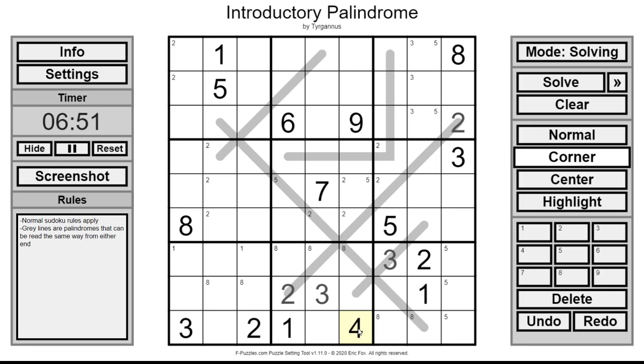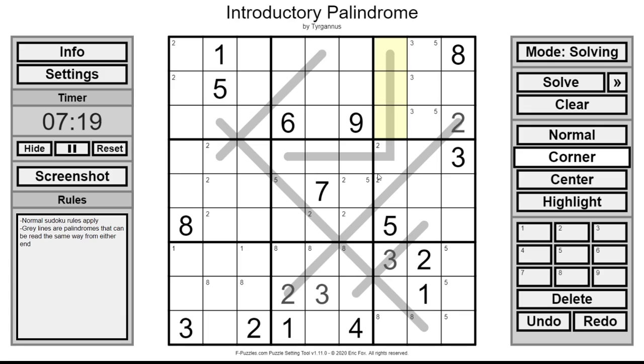Okay, what about 4? Only 1 4 on the board doesn't seem useful. This 7 is right in the center. It reaches all of those squares.